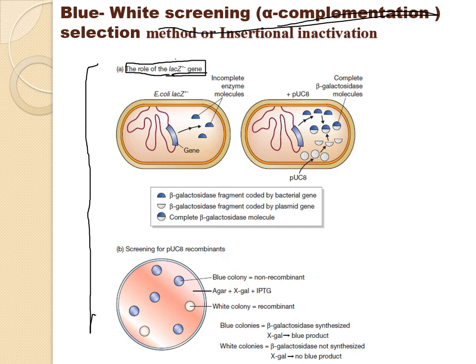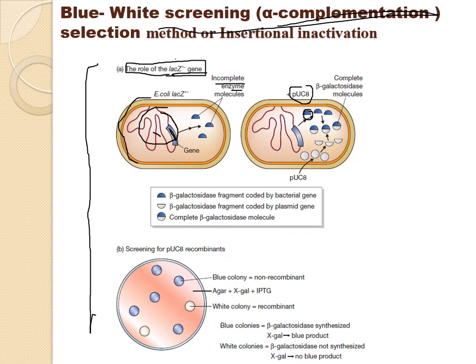Alright, so this is the E. coli, or the bacterium, and this has the transformed recombinant, which has the gene or the foreign DNA, and this is the plasmid or the vector. Basically, in the presence of lacZ, these incomplete enzyme molecules, with the help of pUC8, another plasmid, get inside the cells.